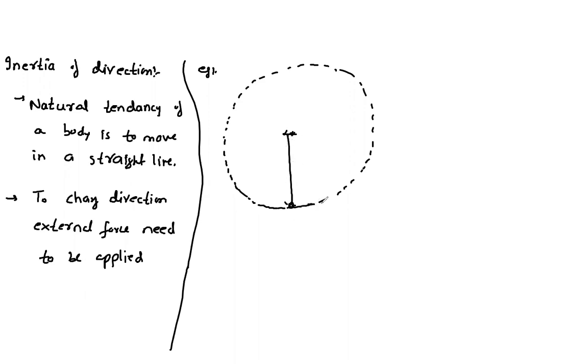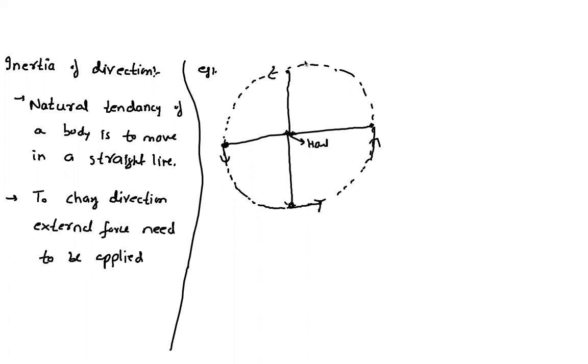That's why the direction of velocity is changing. The stone is revolving around the hand, which means the direction of its velocity is continuously changing. To continuously change the direction of velocity, I have to apply some force through my hand.